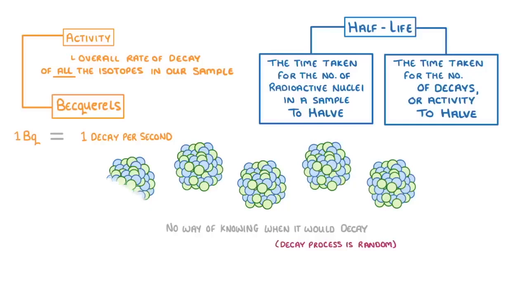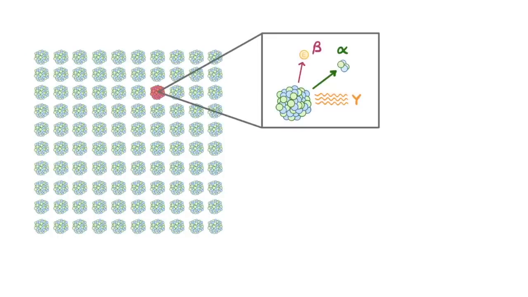To properly understand these concepts, let's imagine our radioactive sample as 100 unstable isotopes, each of which can decay by emitting radiation in order to become stable. So if we watch this sample decay, the first thing we notice is that the decay process is completely random.